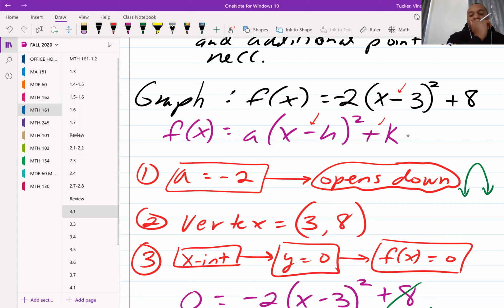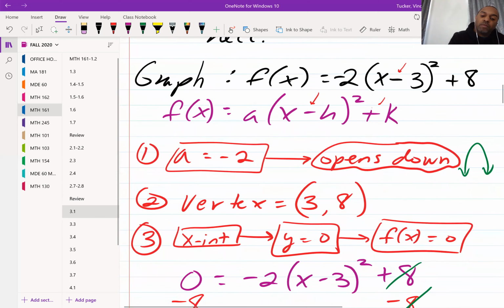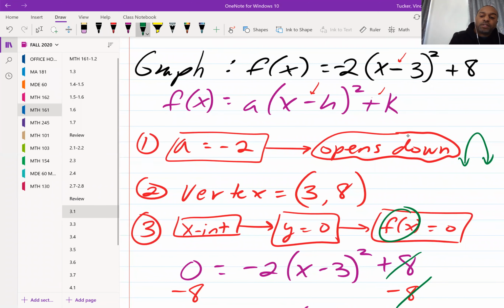Any problems? So for number 3, we find our x-intercepts. Remember, if you want to find your x-intercept, you have to start off by letting y be equal to 0. So y and f of x are interchangeable.